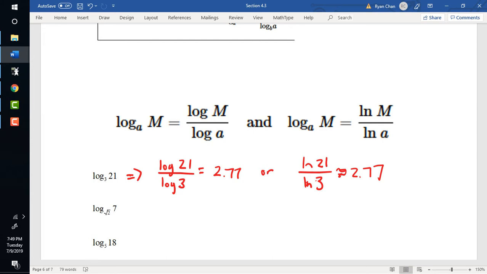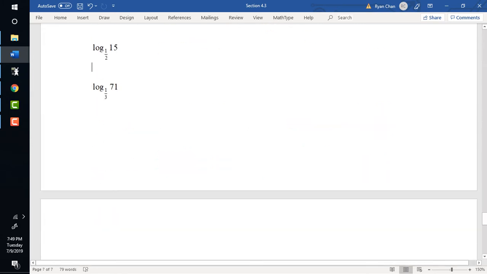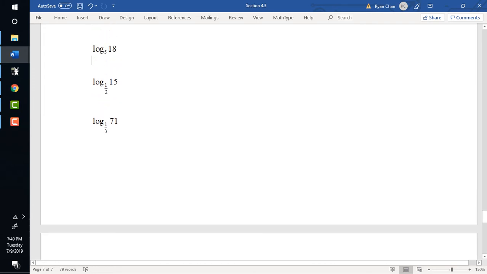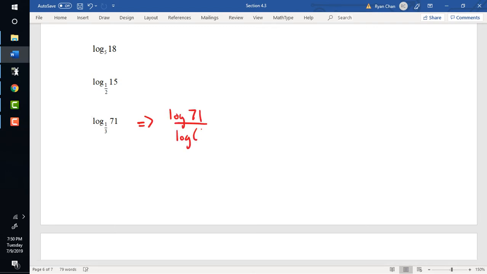Let me show you one more. If I have log base 1/3 of 71, I do the same thing. I can write it as log of 71 over log of 1/3, or I can write it as natural log of 71 over natural log of 1/3. Let me put these both in the calculator.